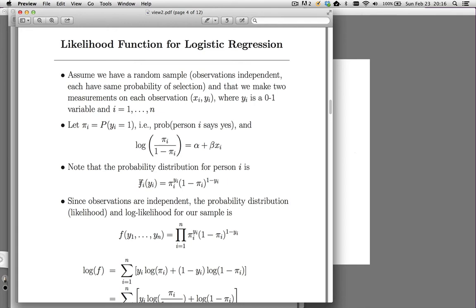Okay, so in other words, what is f at 1? Well, f at 1 would be pi. What is the probability that we get a 0? So what is the probability that person i says no? Well, this term turns to 1, and then this term is 1 minus pi to the 1. So the probability that someone is a 0 is 1 minus pi.